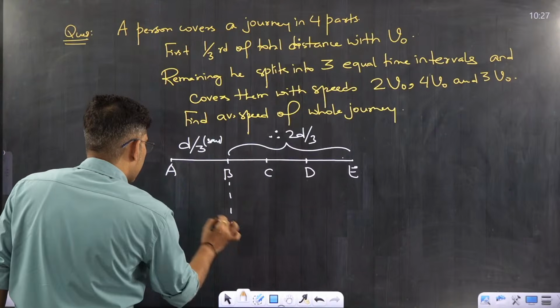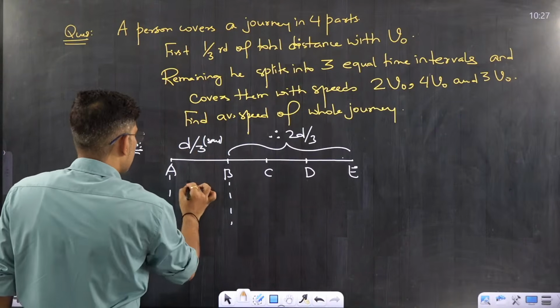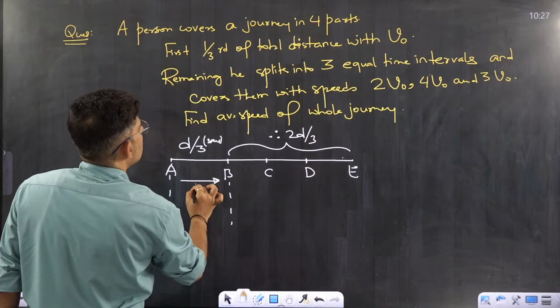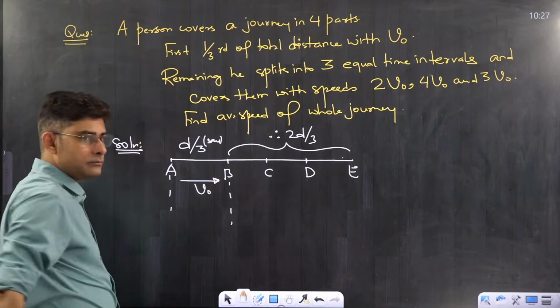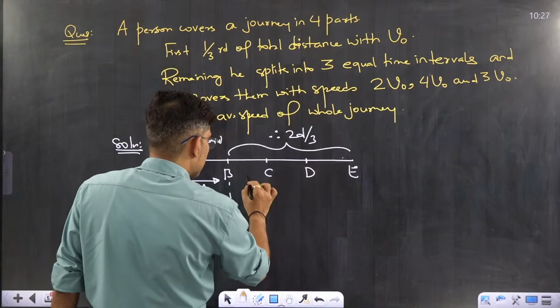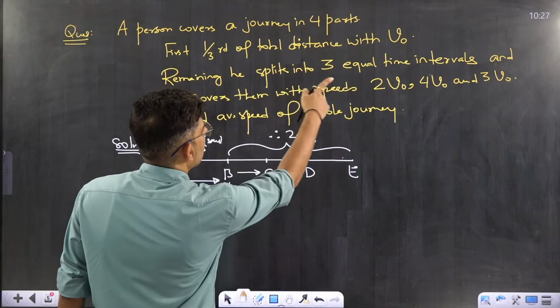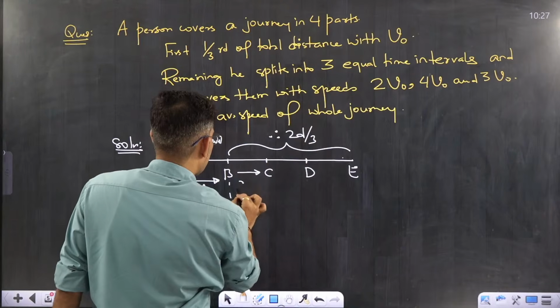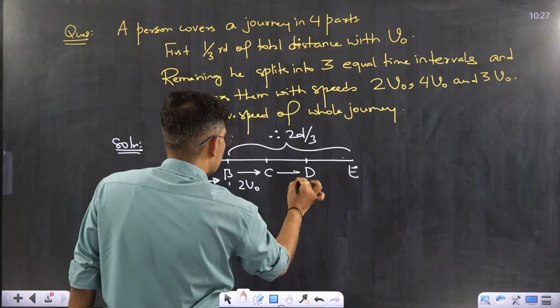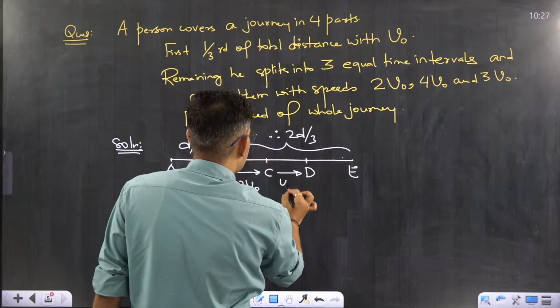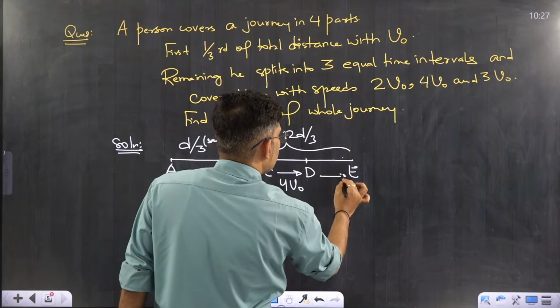Remaining will be 2d by 3. Now in first part, they have given the speed as how much? V naught. The remaining parts, they are saying the speeds are 2 V naught, then they have said 4 V naught, and then they have said 3 V naught.